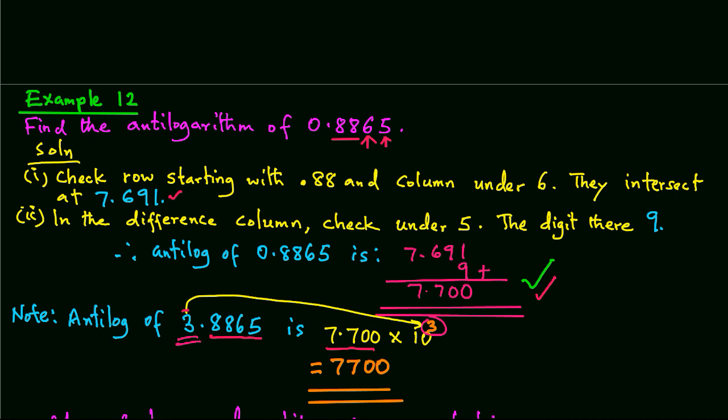So depending on the value of the characteristic of that number, we raise 10 to a power equivalent to the characteristic of the number whose antilog we are finding. So in this case, it will be 7.700 times 10 raised to power 3. That gives us 7,700.